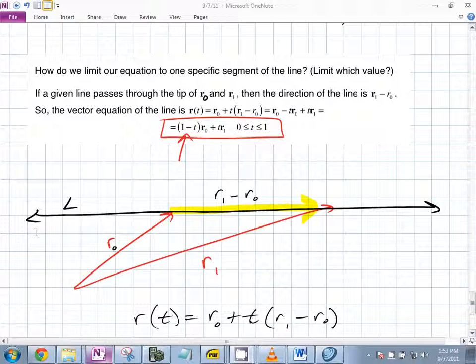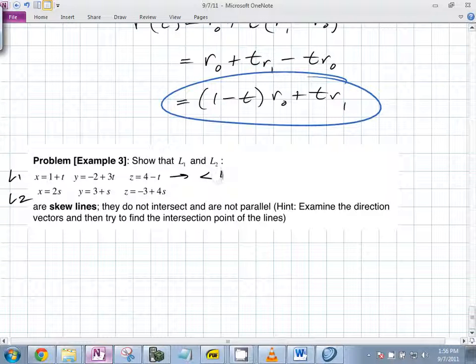Pick a direction vector of 5, 2, 0. What's the direction vector here? The initial is 2, 1, and 4. So you have a direction vector for each of those. Can you arbitrarily pick a starting point? Yes.